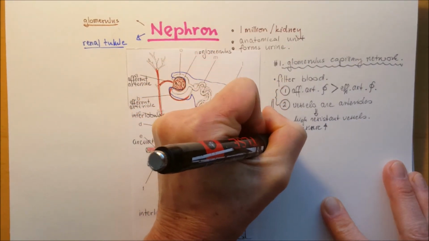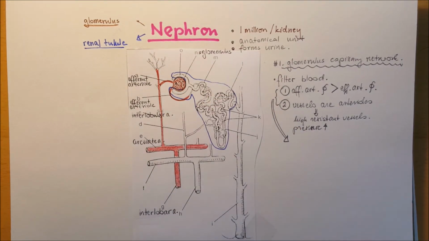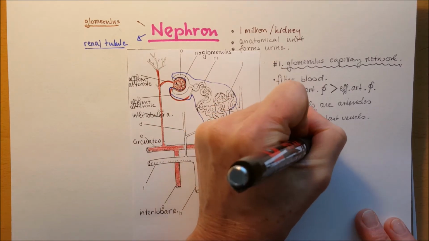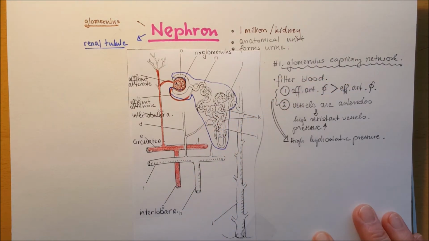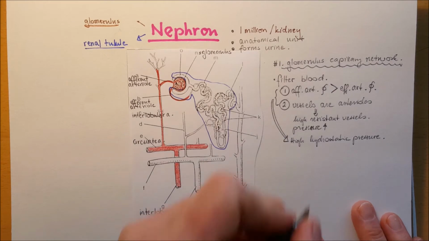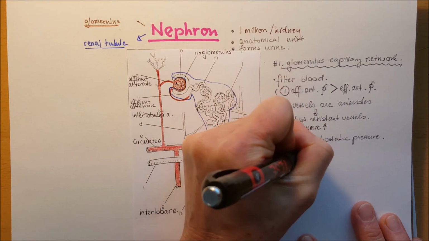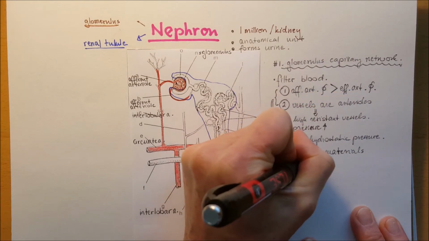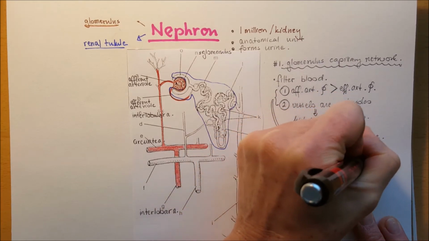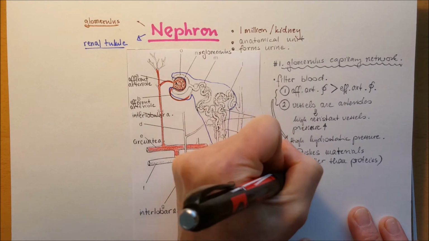These two factors lead to a high hydrostatic pressure in the capillaries that pushes materials like solutes and particles smaller than proteins into the space that surrounds the glomerulus, into the renal tubules.